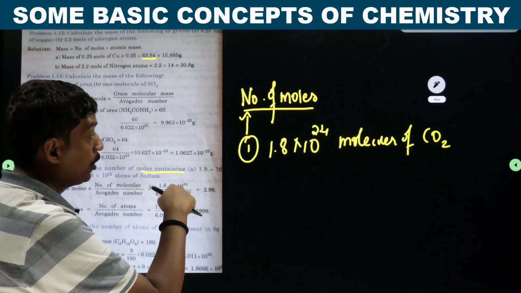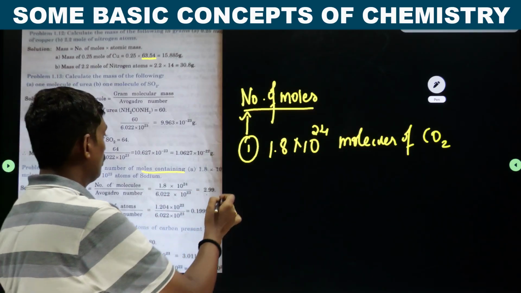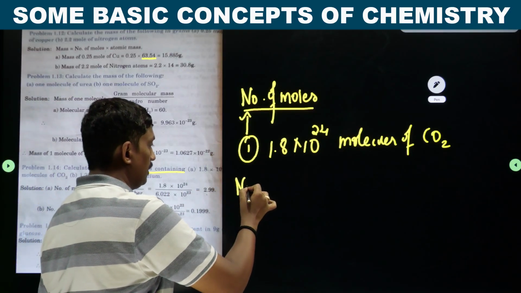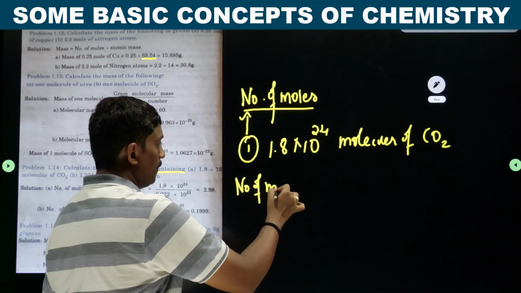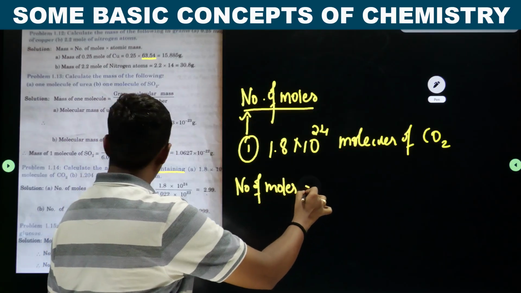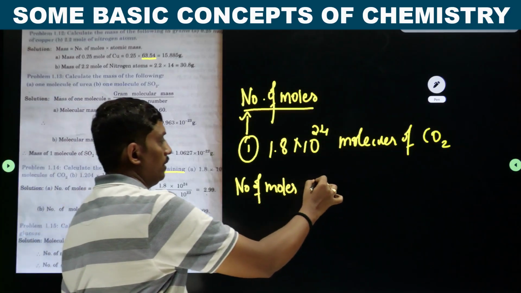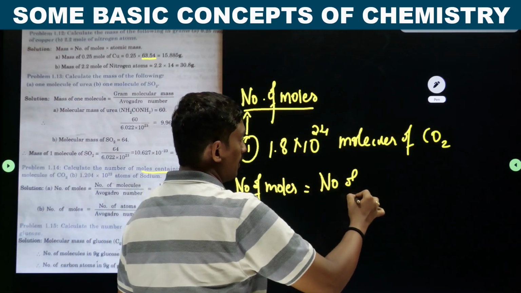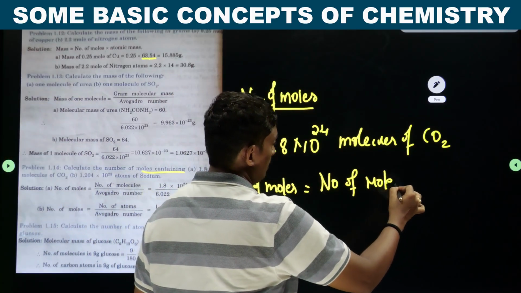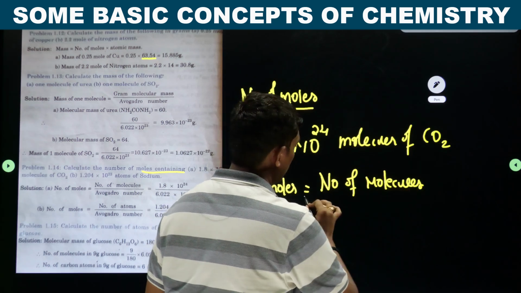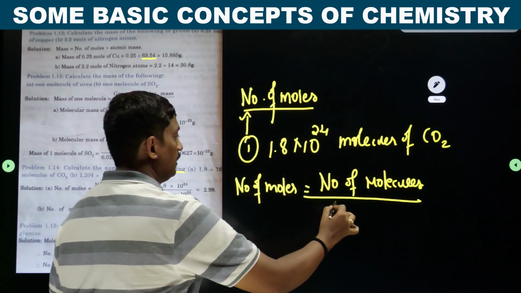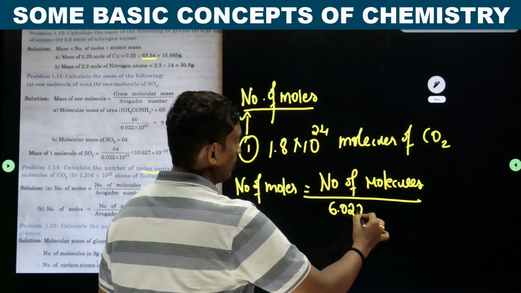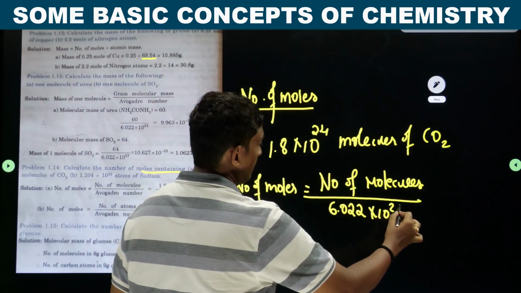If the number of molecules is given, we have a formula. See, number of moles is equal to number of molecules divided by 6.022 into 10 to the power 23.